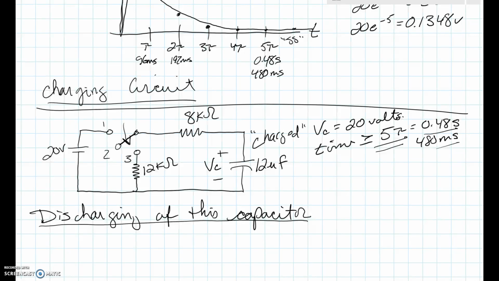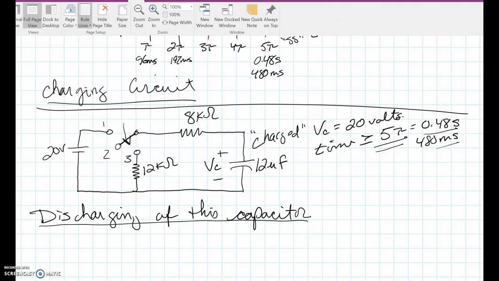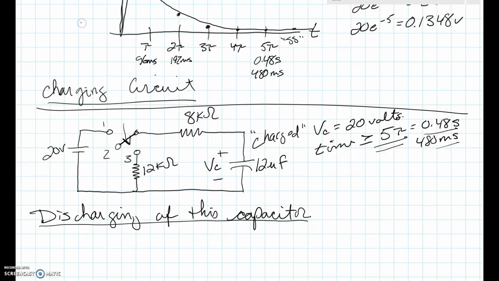And so what's going to happen is we are going to take this switch and we're going to put it in this state, in position 3. And what happens is now our capacitor will discharge. We're going to have ICT.